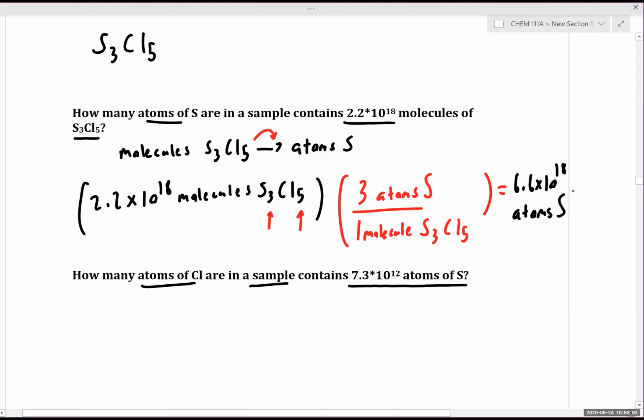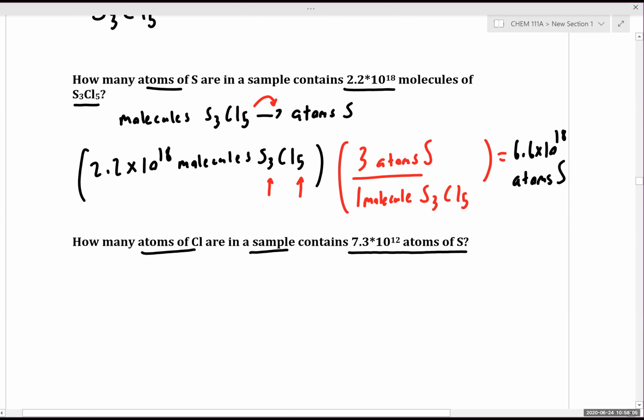Wonderful. So let's do another example. We're asked how many atoms of chlorine are in a sample that contains 7.3 times 10 to the 12th atoms of sulfur. Of course, noting this is a sample of S3Cl5, as these two problems are bundled together. So we're trying to go from atoms of sulfur to atoms of chlorine using our formula ratio.